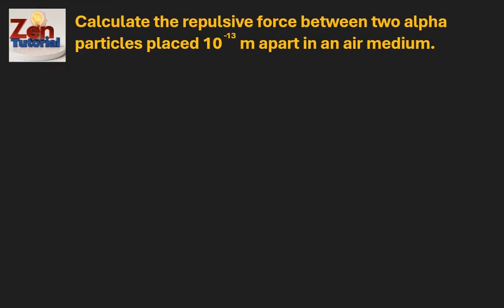In this question, calculate the repulsive force between two alpha particles. Let's say this is one alpha particle, another one is this one. This is A and this is B, and they are separated by a distance of 10 to the power minus 13 meter, which is a very tiny distance between these two charges.